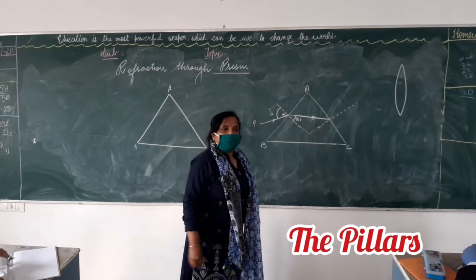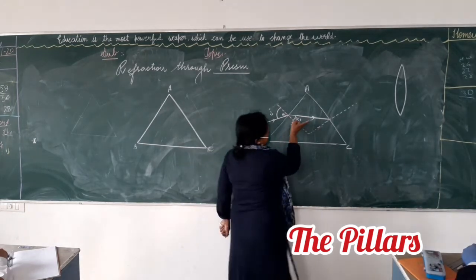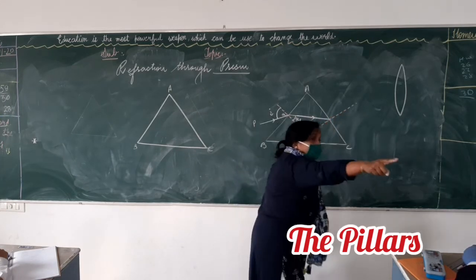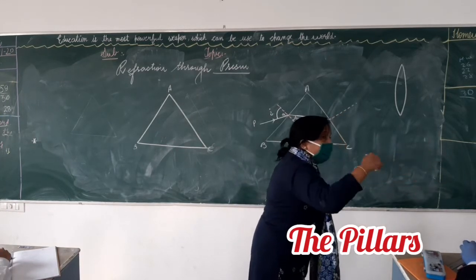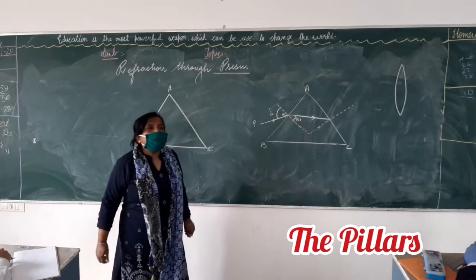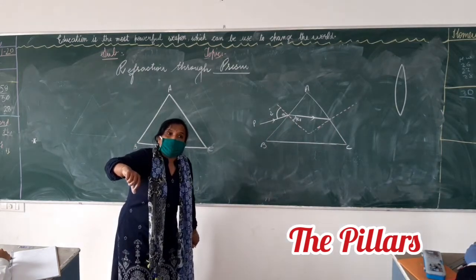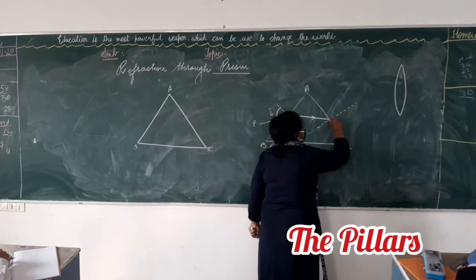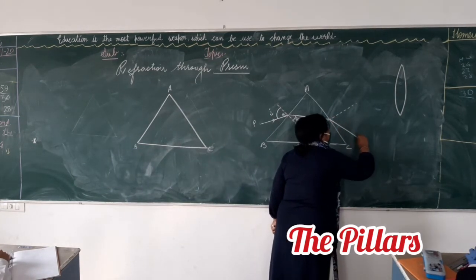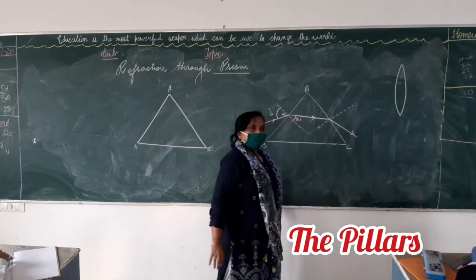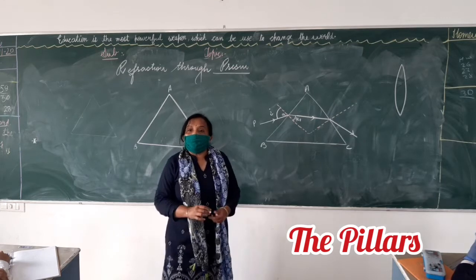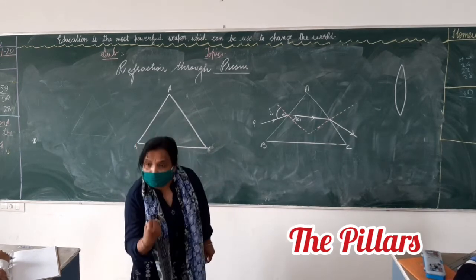Incident ray, normal. From which medium to which medium? From denser to rarer. What will happen? It will bend away from the normal. That means the prism is bending the light towards its base.